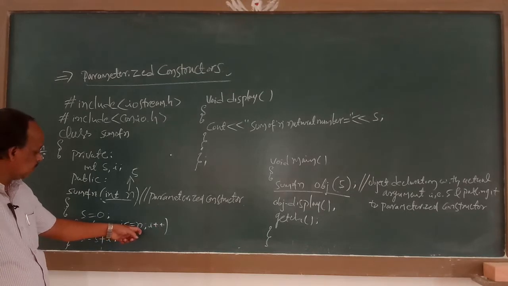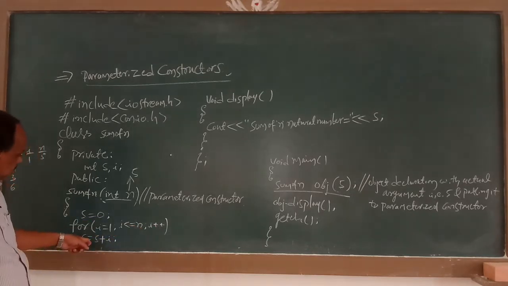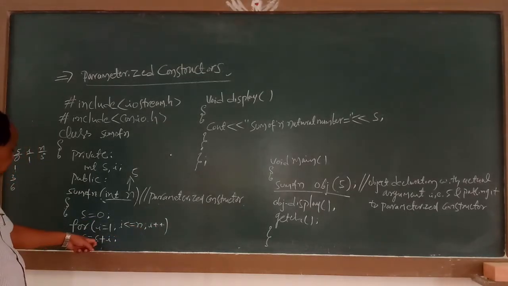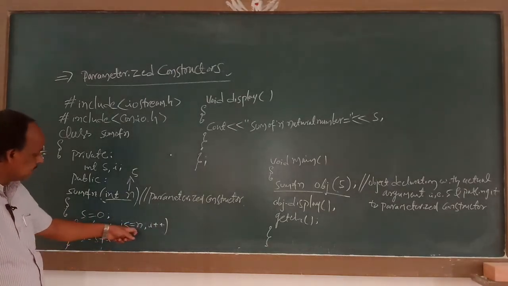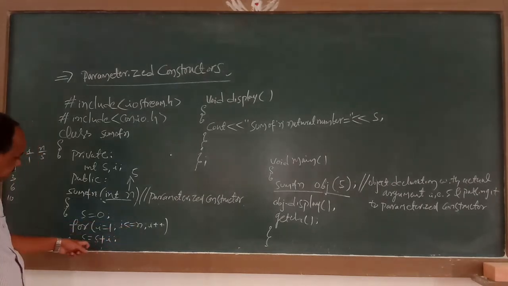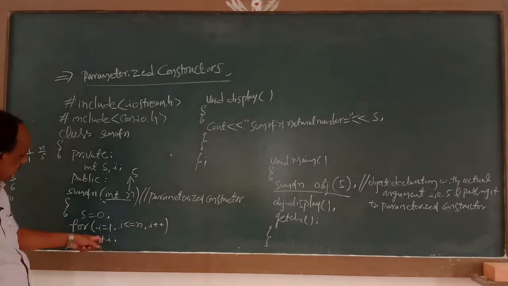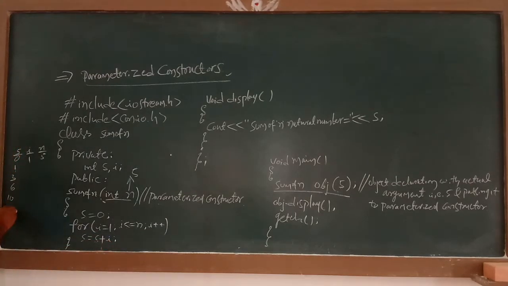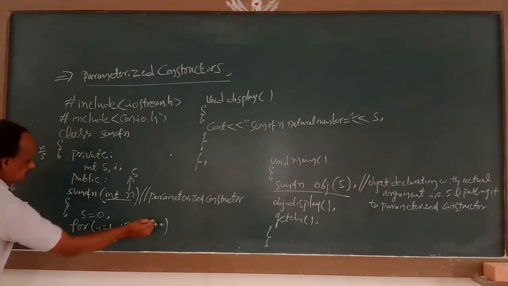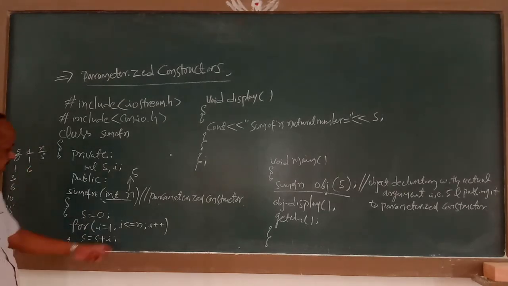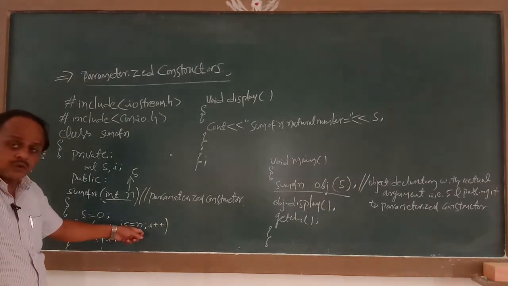4 less than or equal to 5. Yes. s is equal to s plus i, that is 6 plus 4. It becomes 10. Next i becomes 5. 5 less than or equal to 5. Yes. s is equal to s plus i, previously s is 10, 10 plus 5, 15. Now i becomes 6. 6 less than or equal to 5?